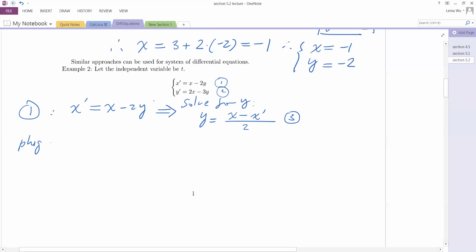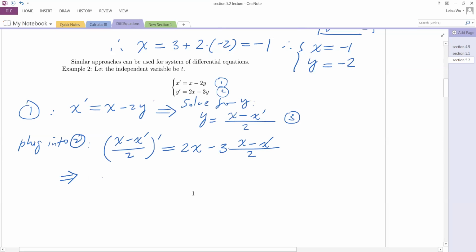And next step, Milan, did you plug this into equation 2? Yes. Plugging into equation 2, I have y prime equals 2x minus 3 times y. So that is 1/2 x prime minus 1/2 x double prime.